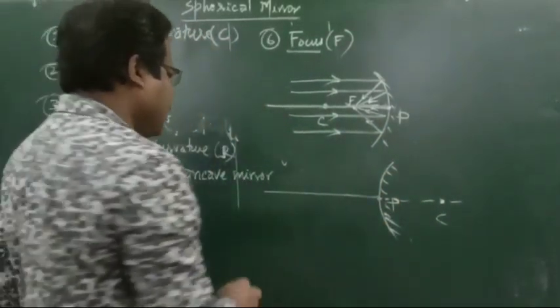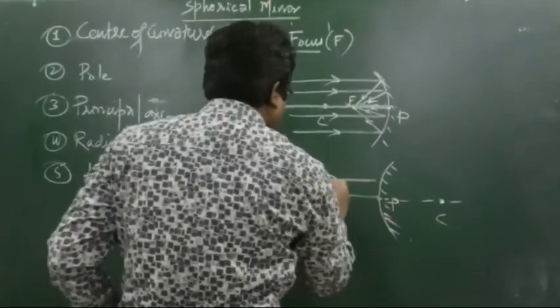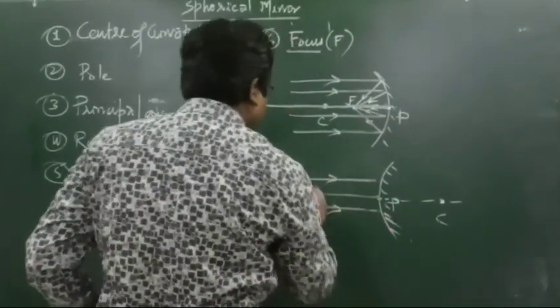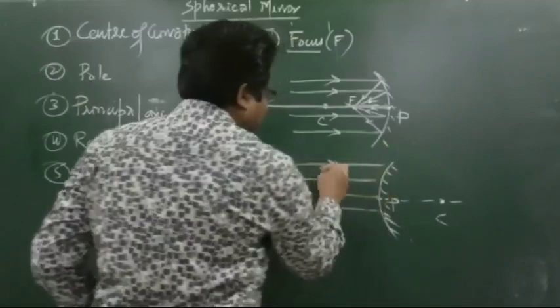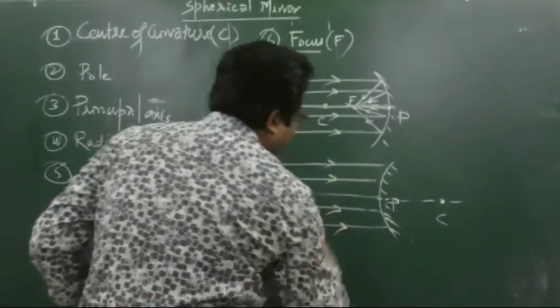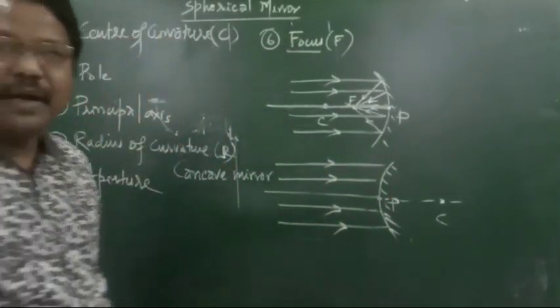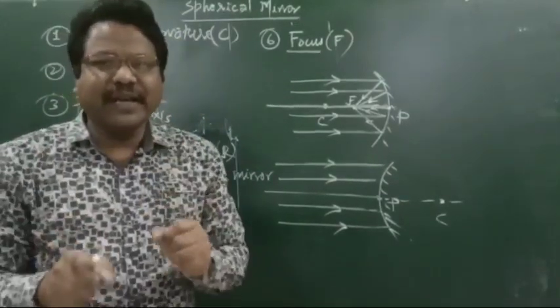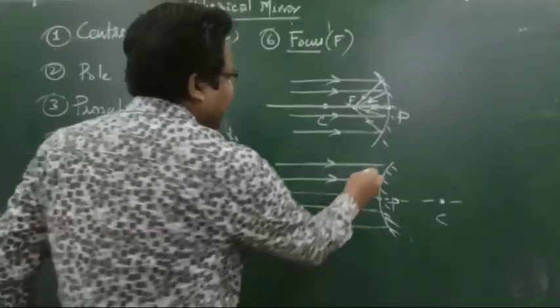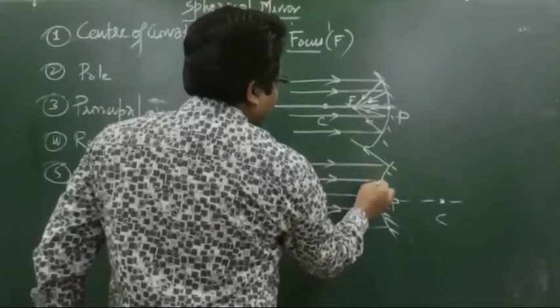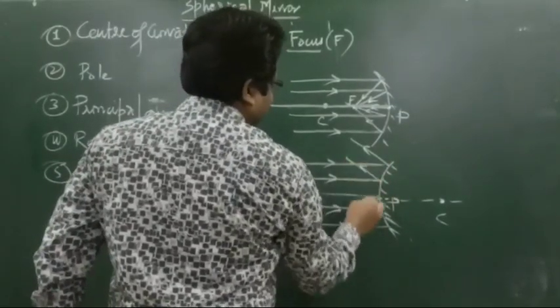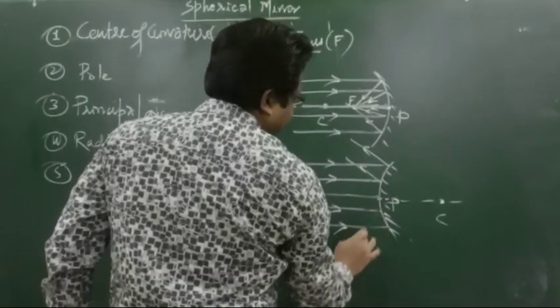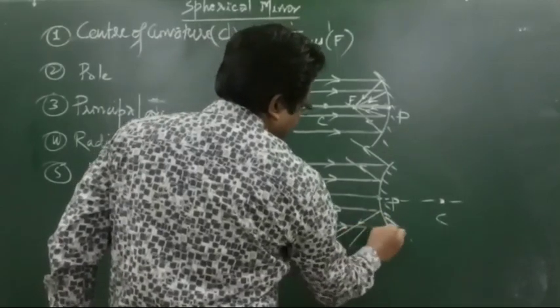On this mirror, the rays are incident parallel to one another and parallel to the principal axis. Then after reflection, what happens? These rays diverge, because the convex mirror has a tendency to diverge the rays.